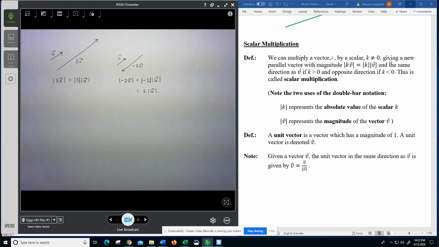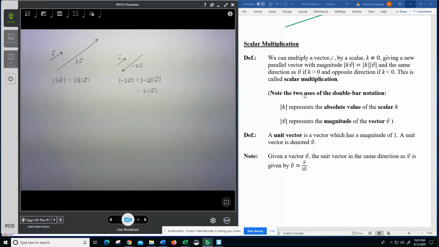But what it does is it gives me a new vector which is parallel to the original vector, meaning same direction or opposite direction. All right. And the magnitude of the new vector is just given by the absolute value of k times the magnitude of the original vector v. All right?